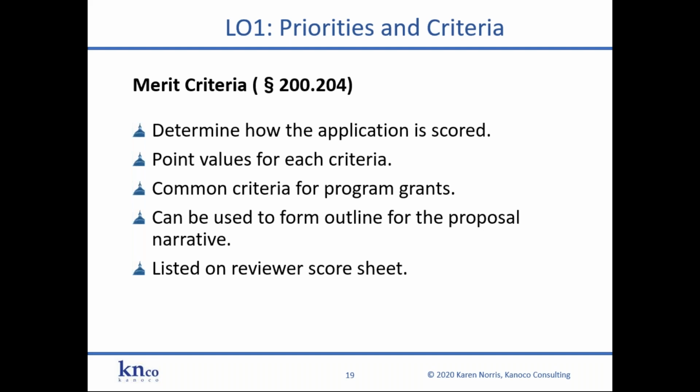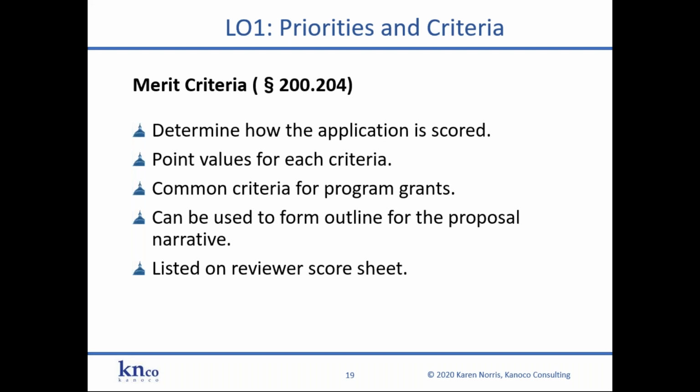So beginning with the end in mind, which is one of Stephen Covey's 7 Habits of Highly Effective People. If you begin with the end in mind, like, well, what is the reviewer going to look at when they score me? Know that they're going to have a score sheet. It could be on paper, it could be a digital score sheet, but they're going to be working from a score sheet that's usually 1 page, and it lists the scoring criteria.